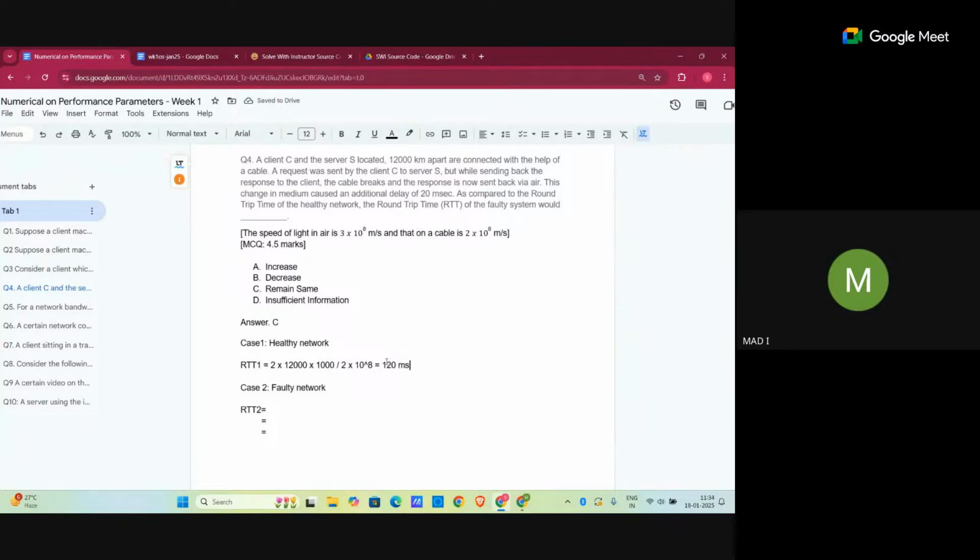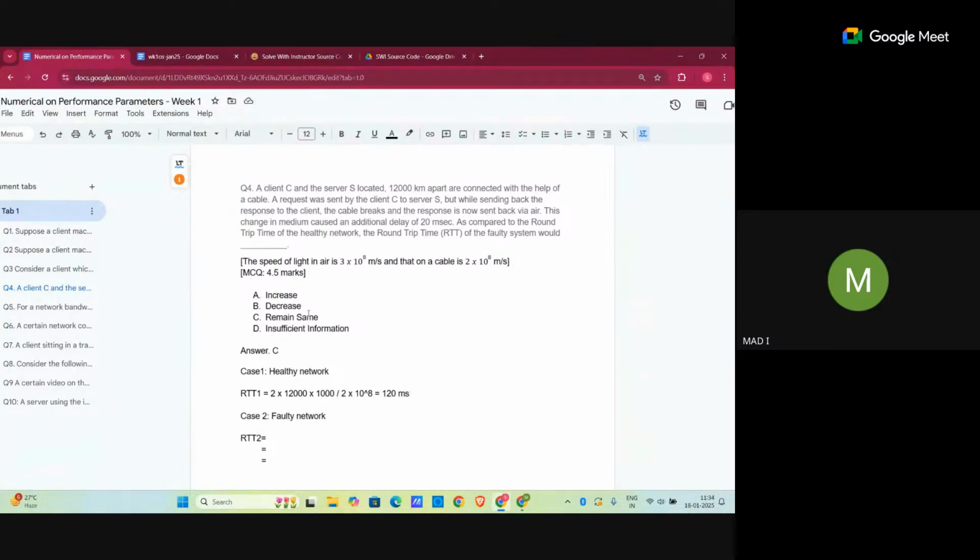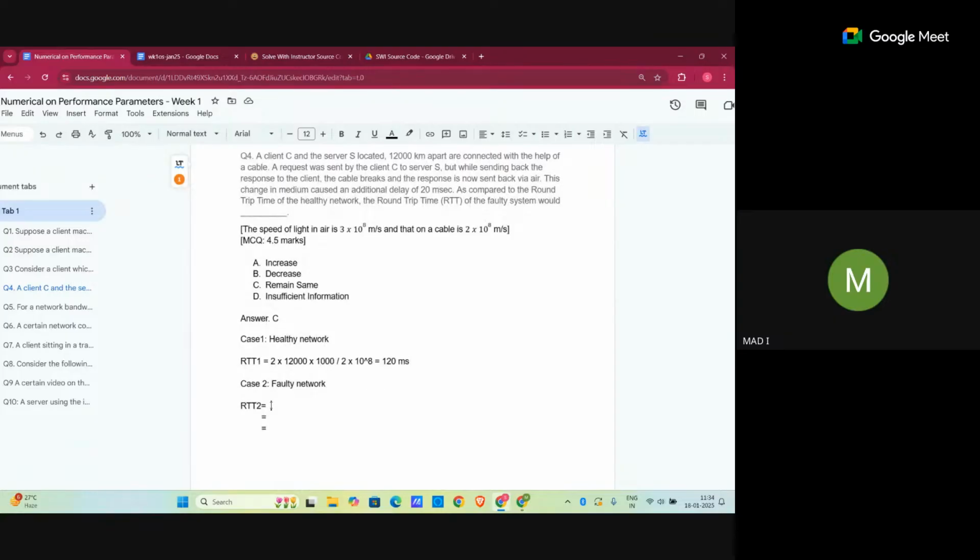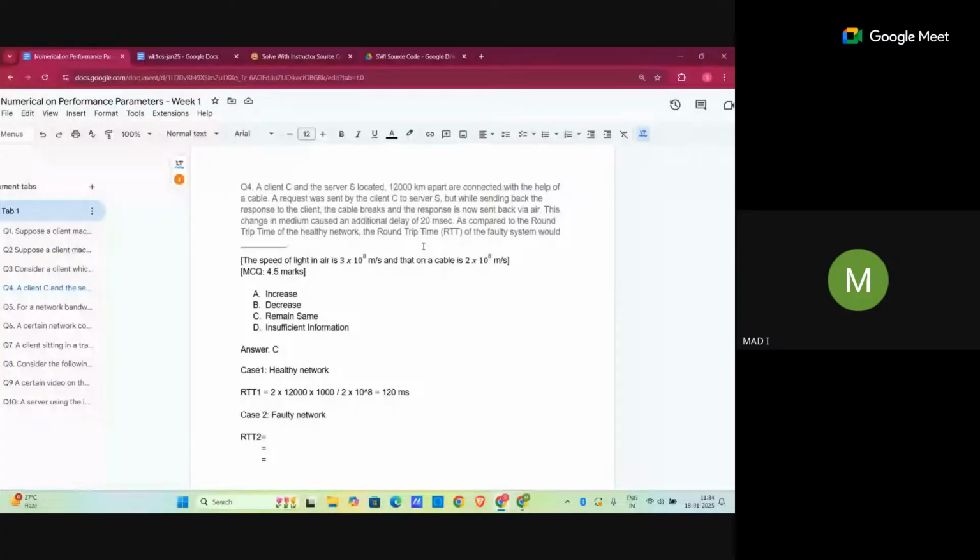So now we will see the another case. First the medium was cable, then the medium was air. So in second case, when there was a faulty network, now here the request and response time will be different. So the request time will be equals to, the distance is 12,000 kilometer.